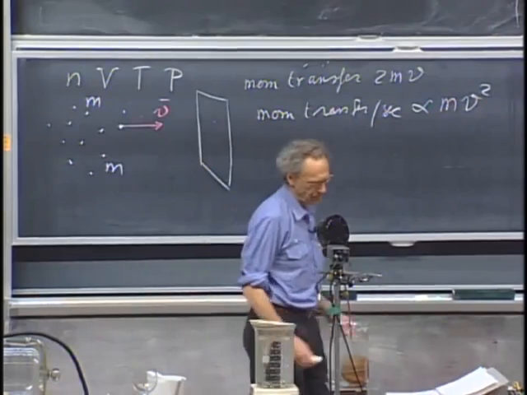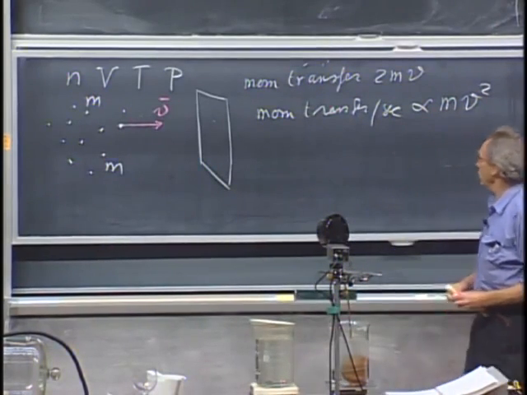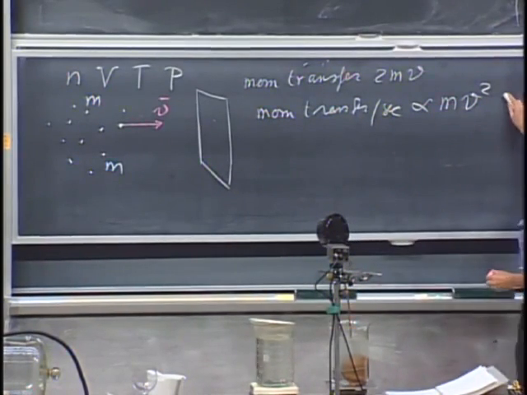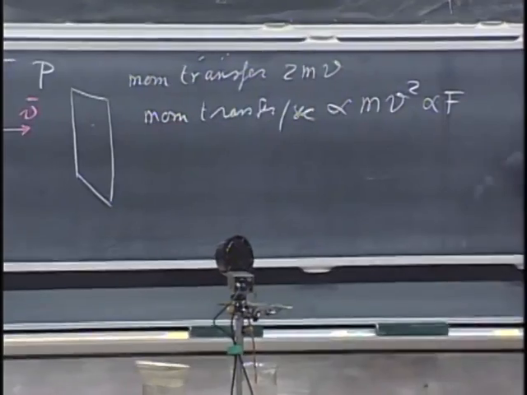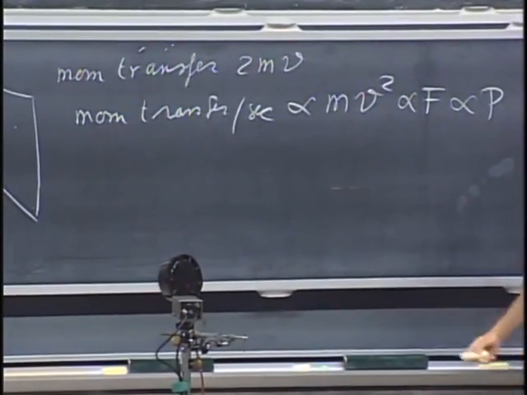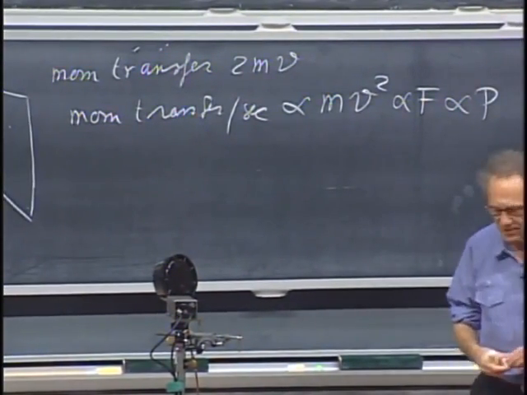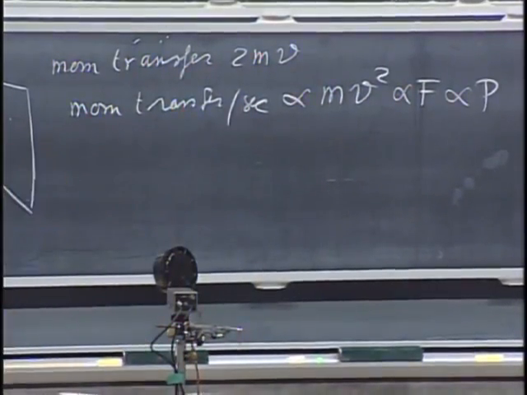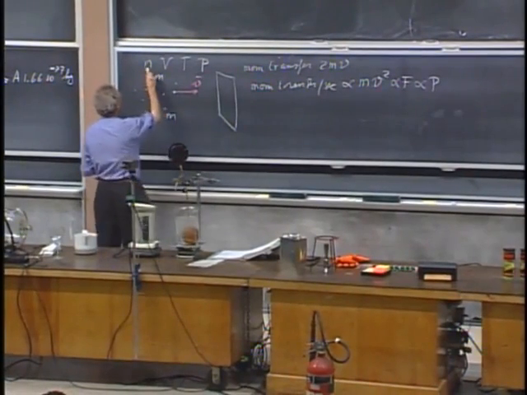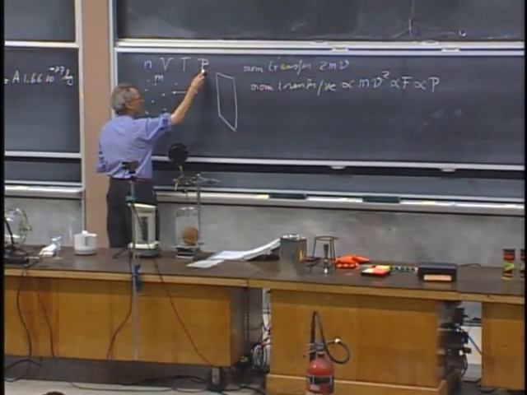Now, momentum transfer per second is clearly the force, proportional to the force, and that is proportional to the pressure. And yet, the pressure is not affected by the mass. Notice, if these are the same, the pressure must also be the same.